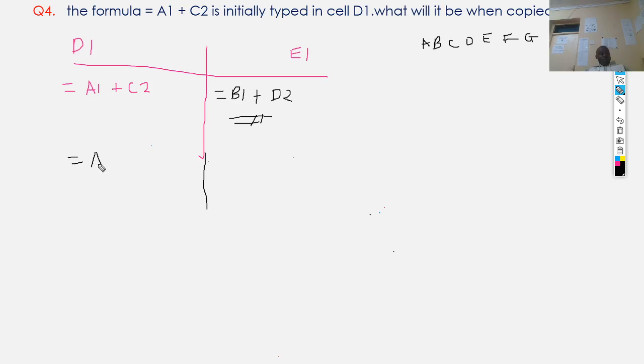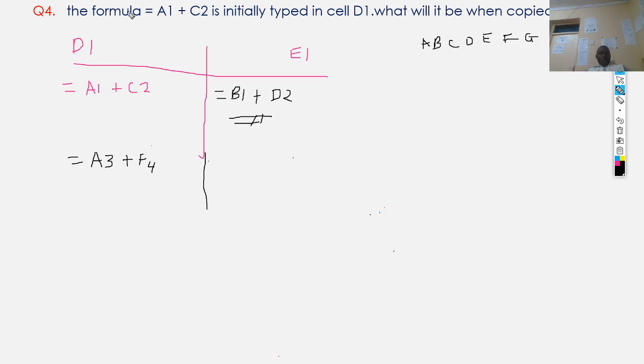Remember there is no dollar sign, so that means all of them change.